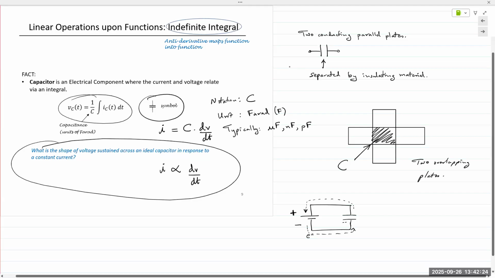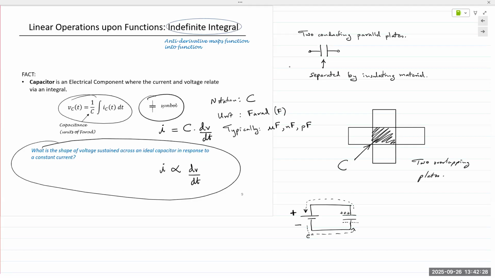We have an accumulation of negative charges here and an accumulation of positive charges here. Because electrons have moved away, when an electron leaves, the nucleus of that atom stays in place, right? Only electrons are free to leave. So electrons leave. Once a negative charge goes away, it results in a positive net charge left behind.